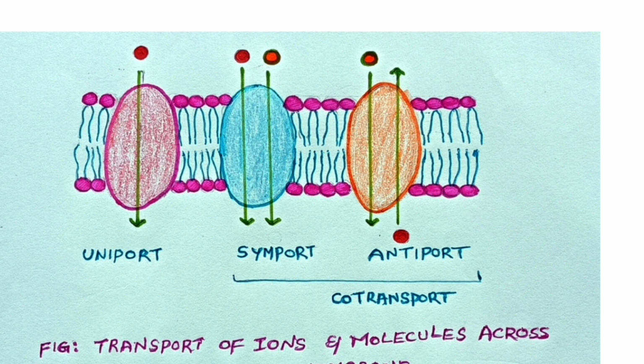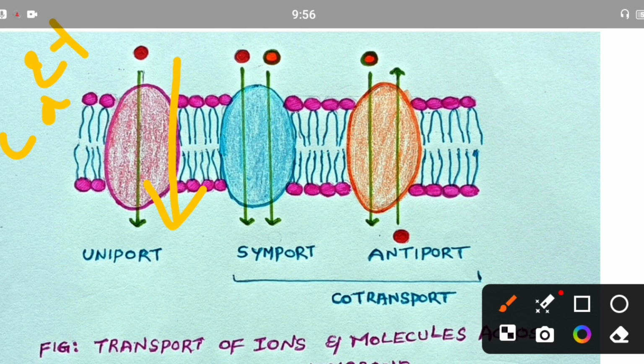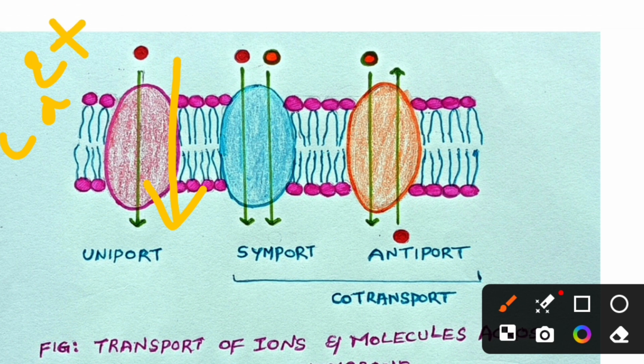This is facilitated diffusion. For example, it facilitates calcium 2 plus ions through the presynaptic membrane. It allows the molecules in one direction only. That is called Uniport.